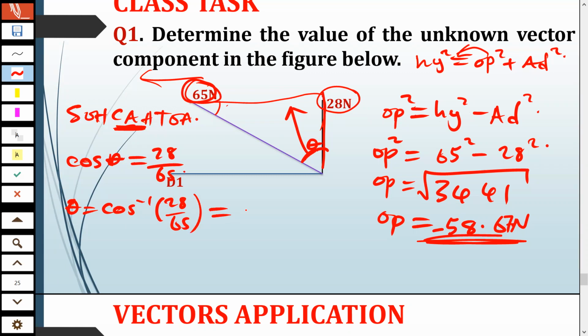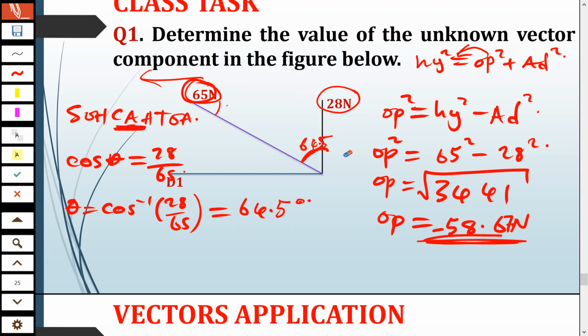So 28 divided by 65 is going to give us that. Then cos inverse of that, the answer is 64.4. So we're going to get 64.5 actually, degrees as the angle. So we found the value of this angle, 64.5.